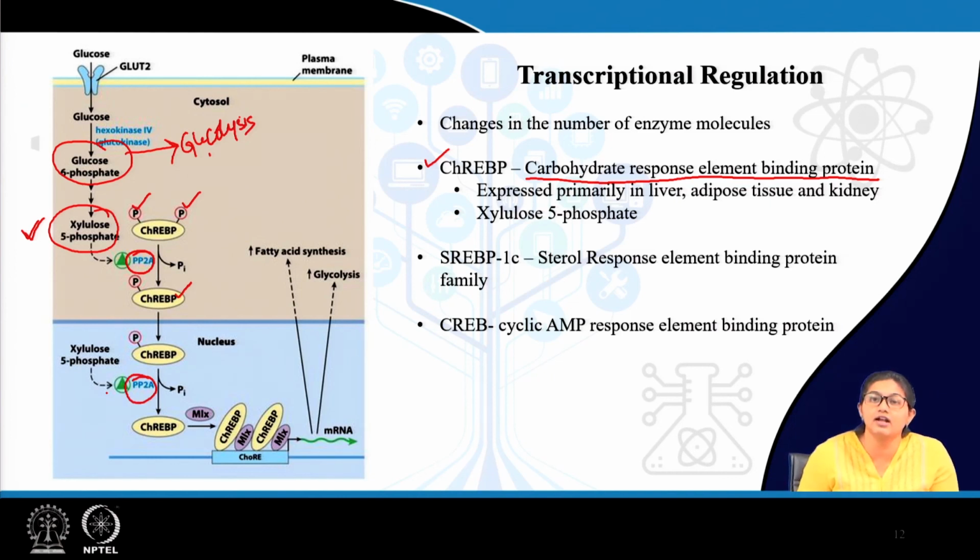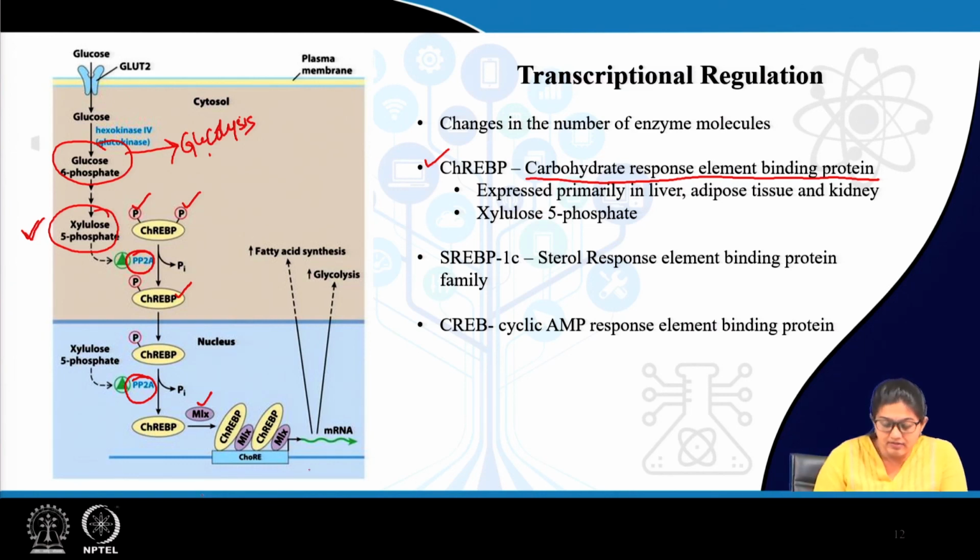So, there is another level of dephosphorylation. Now, this dephosphorylated ChREBP can bind with MLX and forms the activated transcription factor, which binds to the carbohydrate response element, a signal present in DNA.